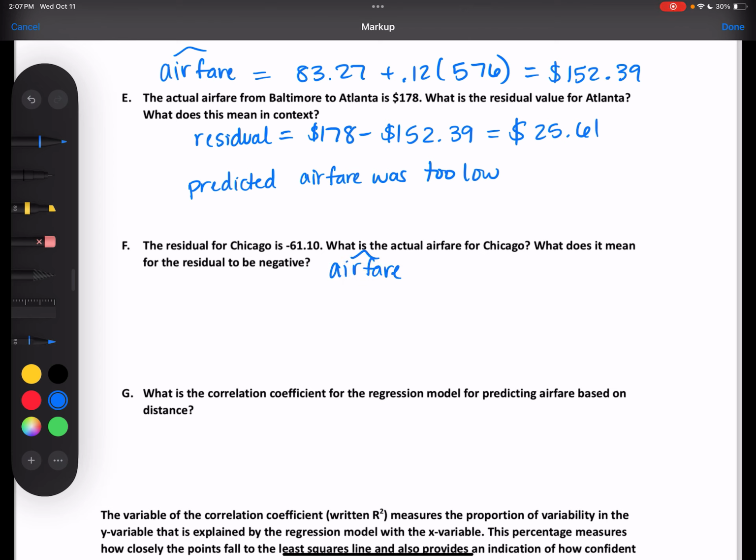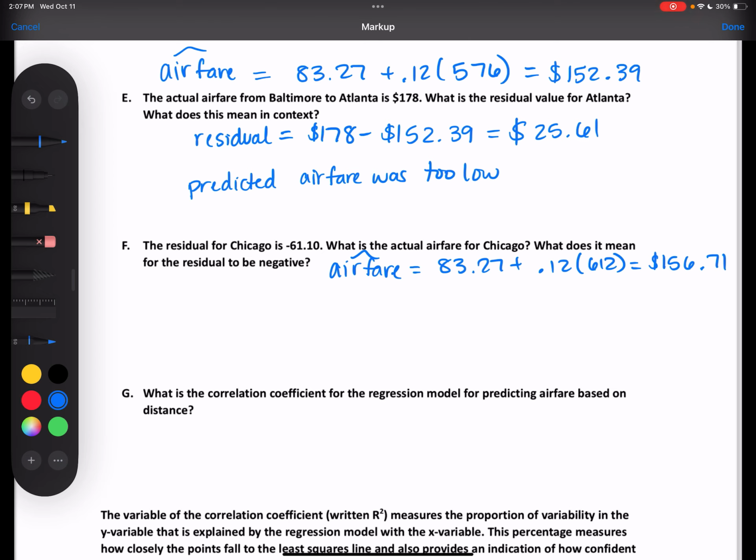So airfare hat is equal to 83.27 plus 0.12 times the distance, which is 612 miles. That gives $156.71. Now we're solving for the actual for Chicago.